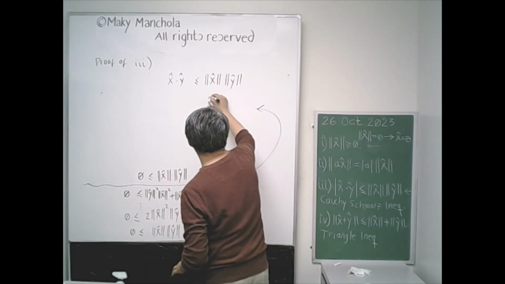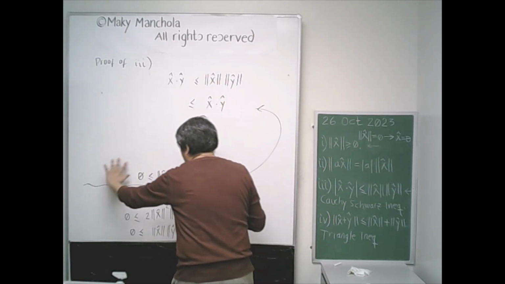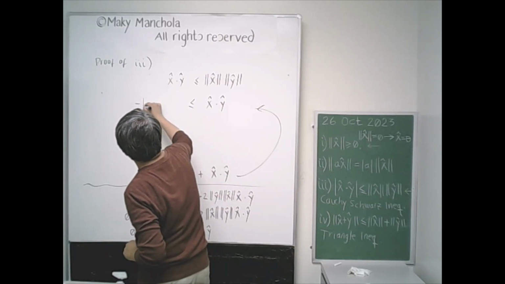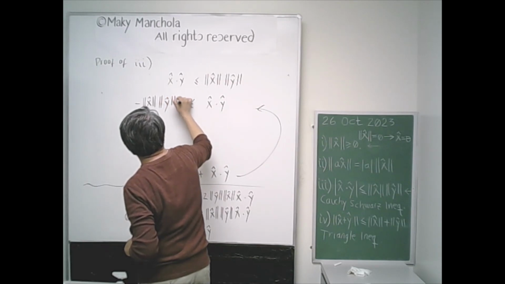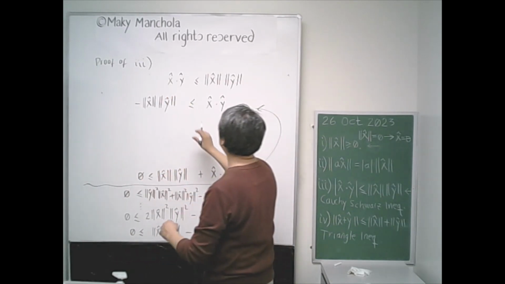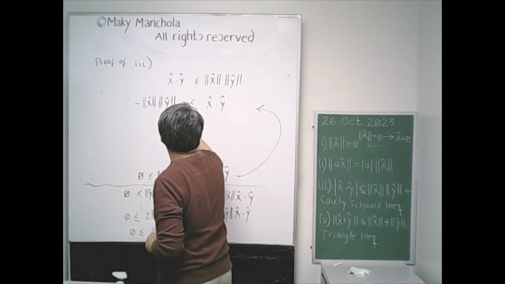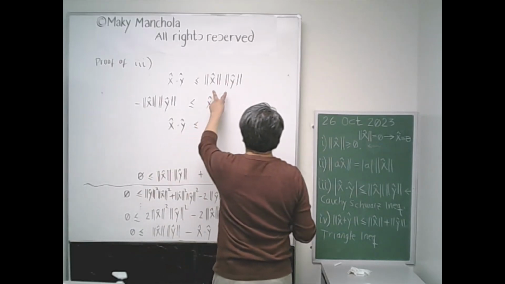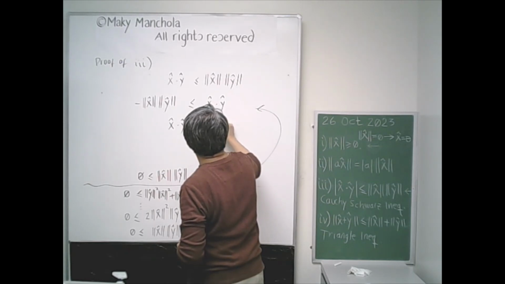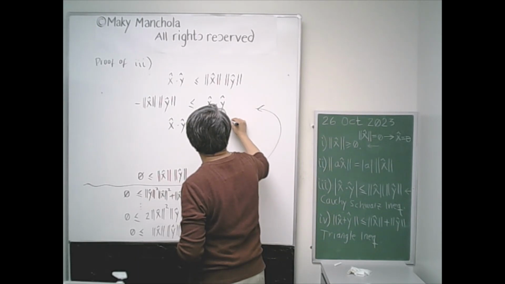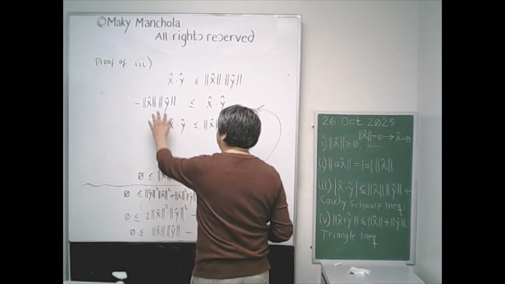So here I want that x hat dot y hat is greater than or equal to, let me move that one to the left, the negative of the norm of x hat multiplied by the norm of y hat. Okay, so here's my compound inequality. The dot product of x hat, y hat, on the one hand is less than or equal to the norm of x hat multiplied by the norm of y hat. And at the same time, that's greater than or equal to the negative of that.